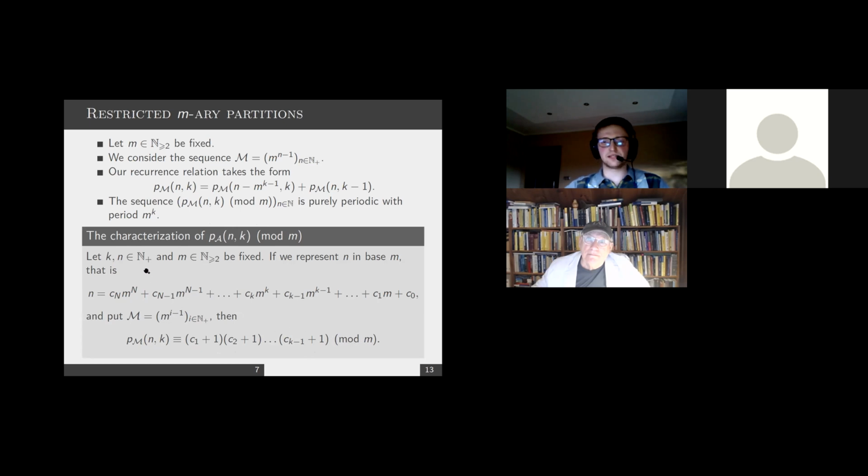In the case of the unrestricted partition function, unrestricted m-ary partitions, we have an infinite product in this place.